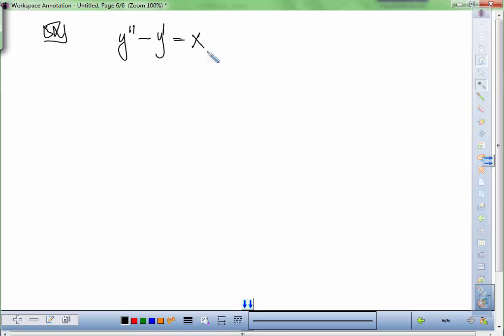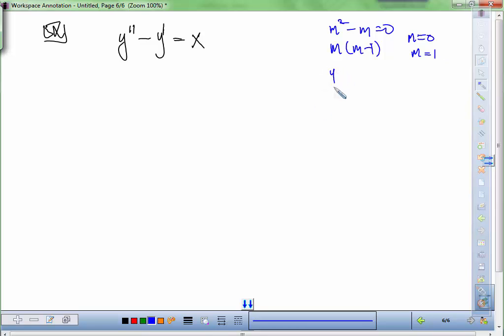So I think we could do this quickly. We got the auxiliary equation, m squared minus m is equal to 0. We got m times (m minus 1), and so we got m is equal to 0 and m is equal to 1.